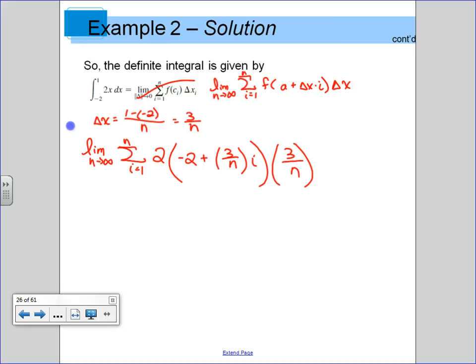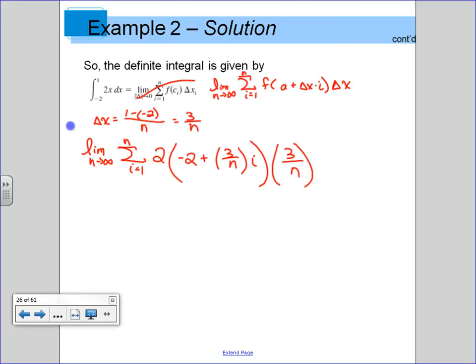I want to use my sigma properties. The sigma properties, isn't it just sigma of like constant or i squared or i cubed? So what do I need to do? Yeah, put them together. Simplify. So what can I put together?